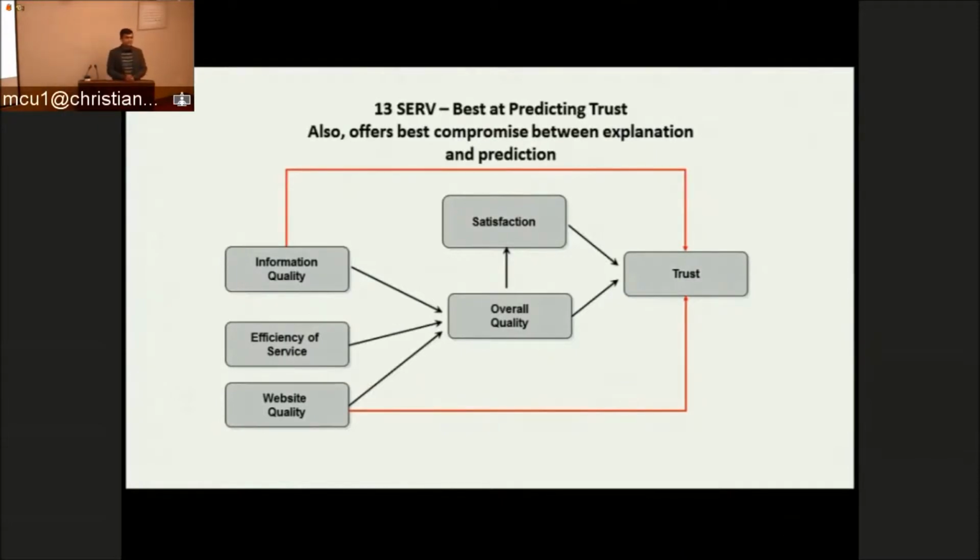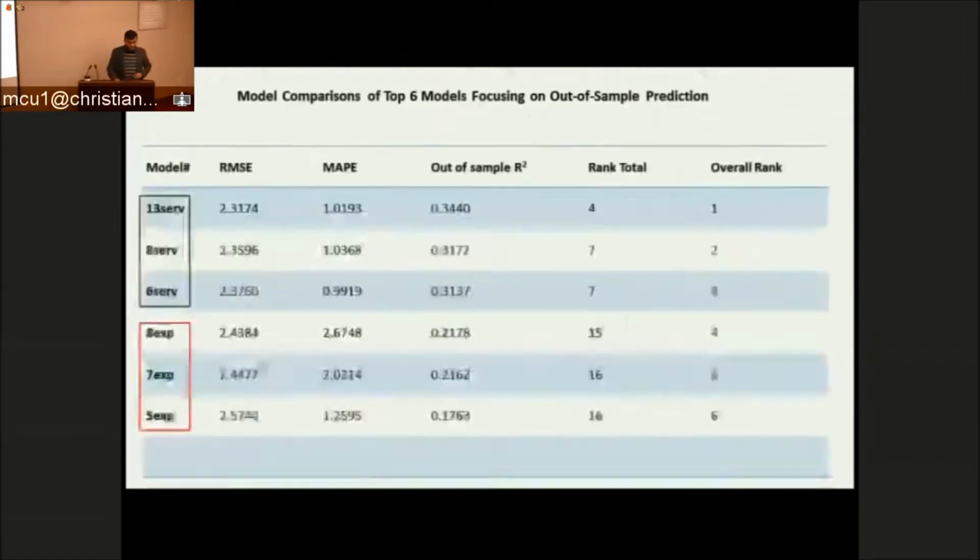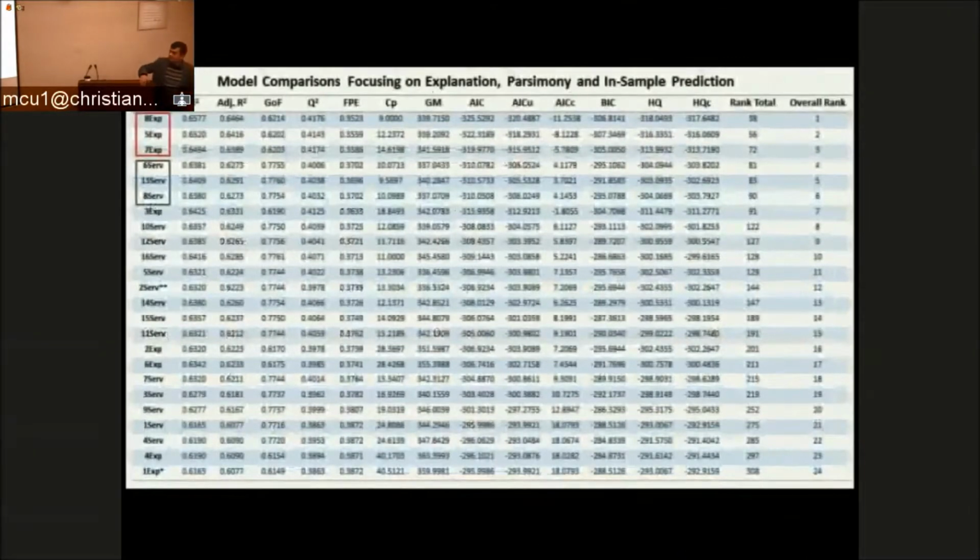Now the question is, is there a good compromise? Is there a model that does well for explanation as well as prediction? Yes, 13 served does that, because if you go back and look at the R-squared values here, the R-squared value for 13 served is 64%, and the expectancy is 65.7%. That is just a difference of 1.5 percentage points. For all practical purposes, I would say these R-squared values are fairly similar, in the same ballpark.